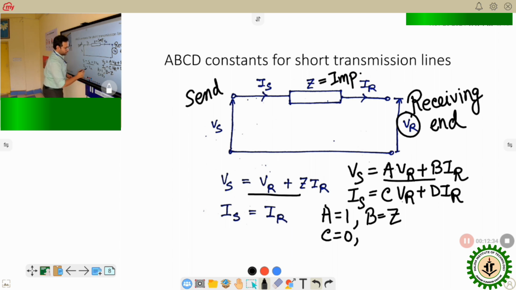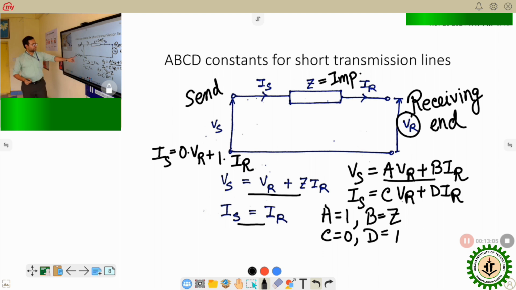So obviously C is equal to 0 and D is equal to 1 as Is is equal to IR. So we can represent this particular equation of Is as Is is equal to 0 into VR plus 1 into IR.